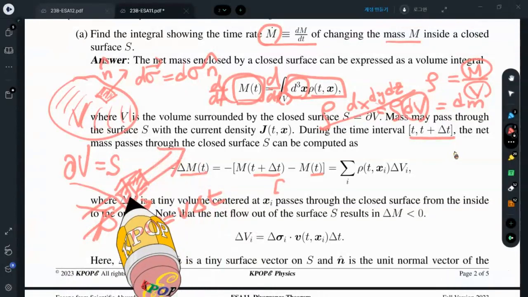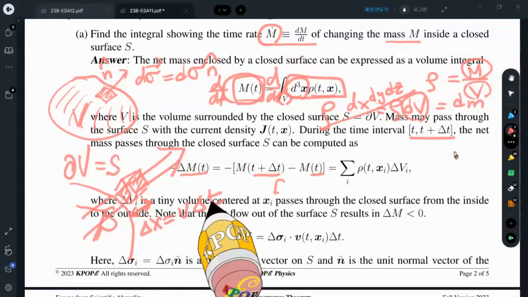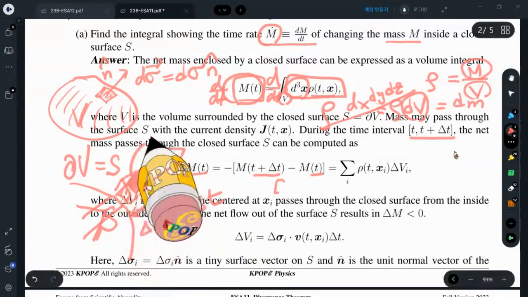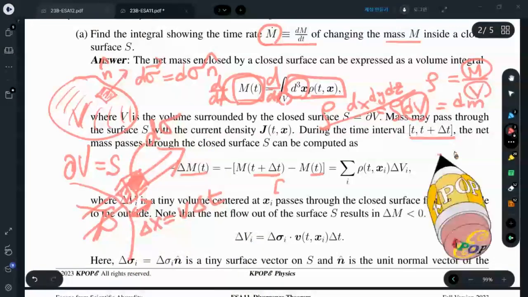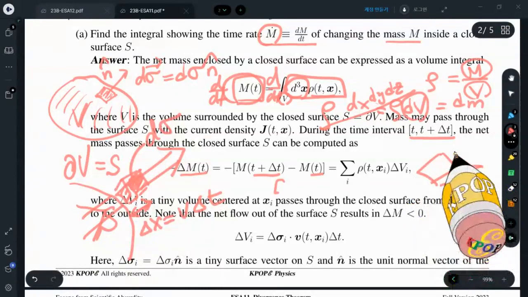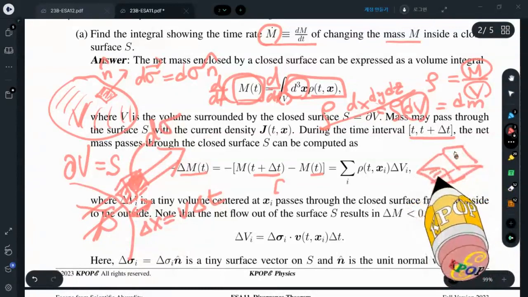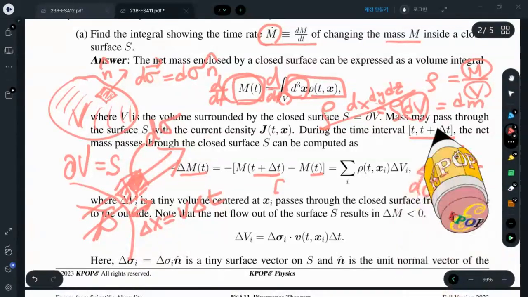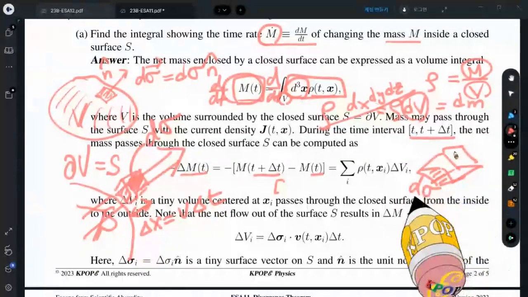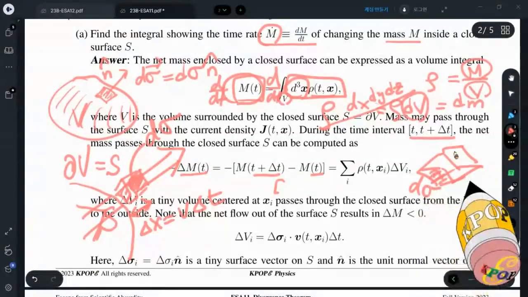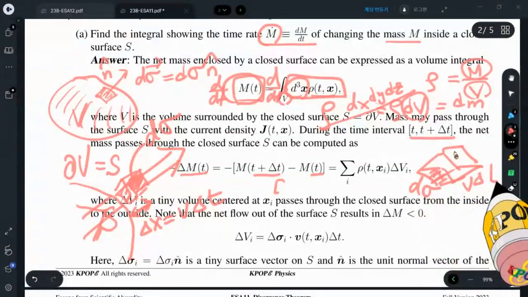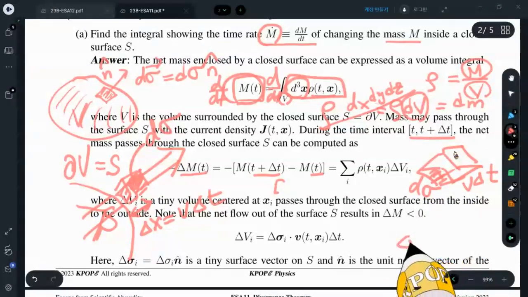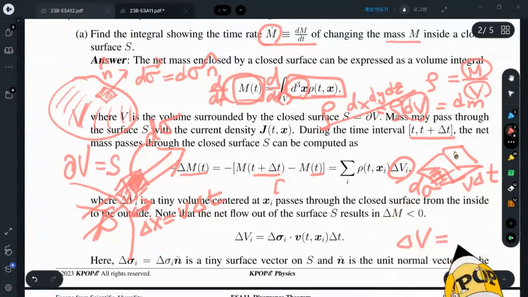Then during delta t, because there is a cross-sectional area d sigma, the volume that passes through this cross-sectional area d sigma during delta t is d sigma times the perpendicular component of v, times delta t. So delta V equals d sigma v delta t.